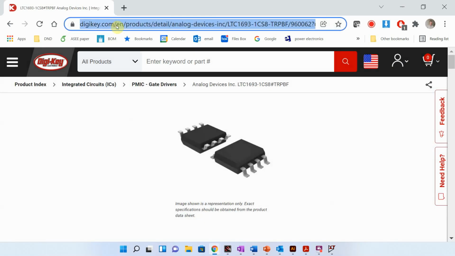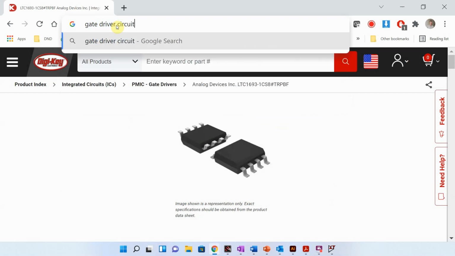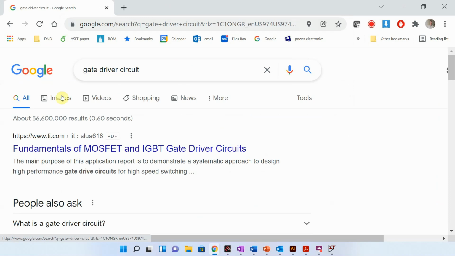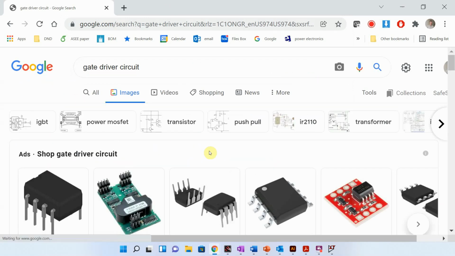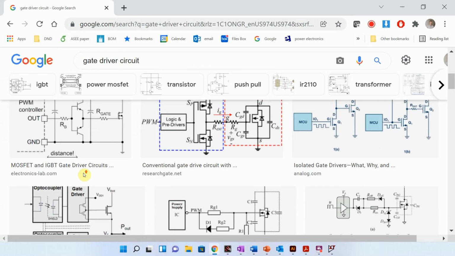So if I type this in, you see that here is an example of a gate driver. Now, I think this one is called a totem pole gate driver.